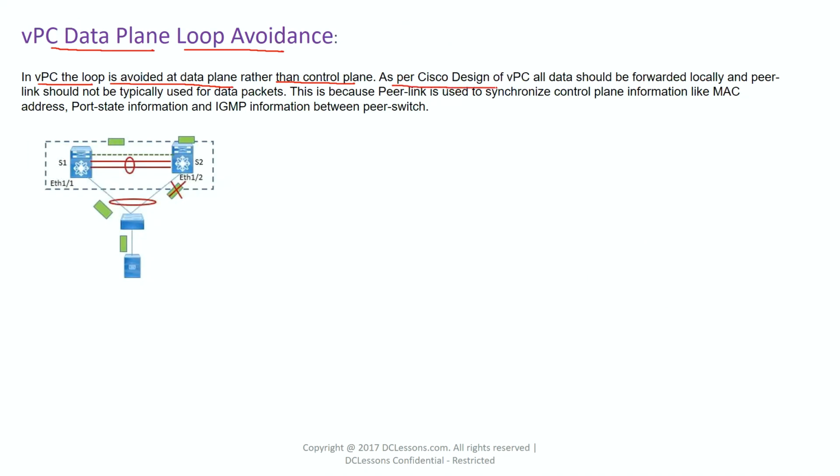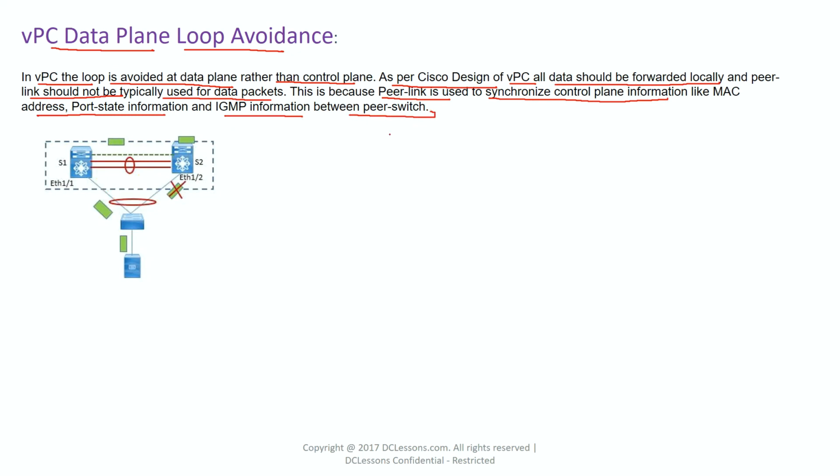As per Cisco design of VPC, all data should be forwarded locally and the peer link should not typically be used for data packets. So in ideal scenarios, we should not use a peer link for data traffic; rather, we can send our traffic locally. Why? Because the peer link is used to synchronize control plane information like MAC address, port state information, and IGMP information between peer switches.